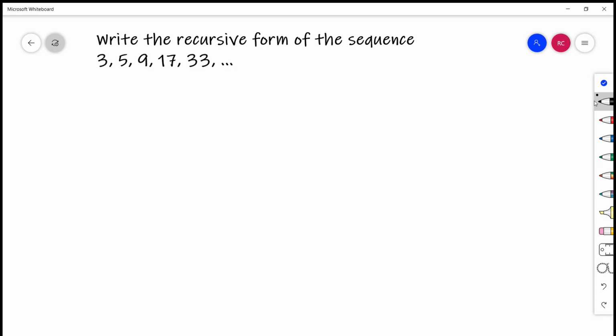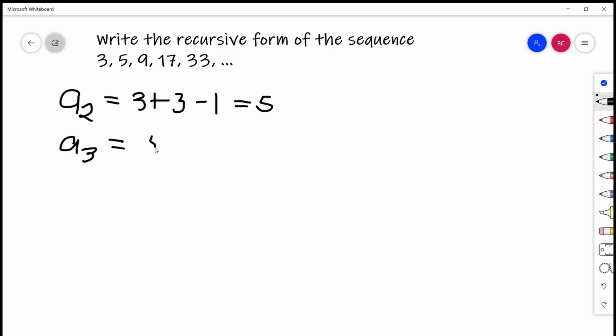Okay, so let's try this one. A sub 2 is just equal to 3 plus 3 minus 1. So this is equal to 5. Okay, next we have 5. How to get 9? So we add 5 minus 1. This is equal to 9.